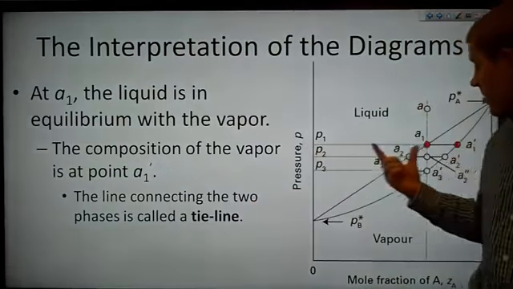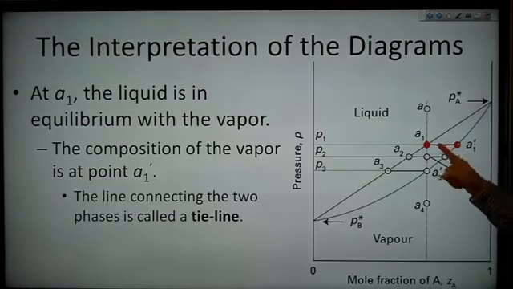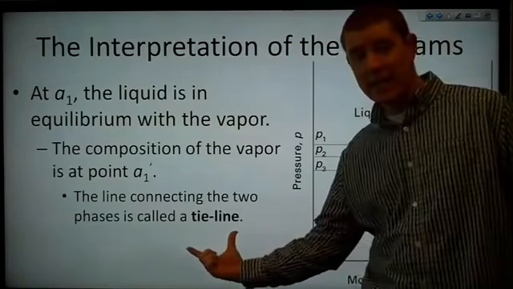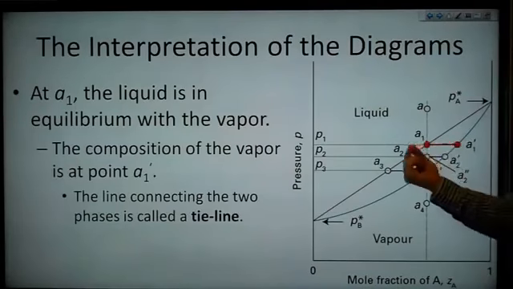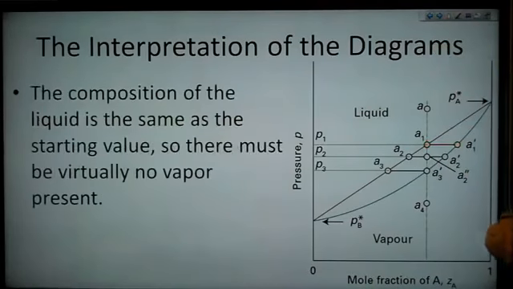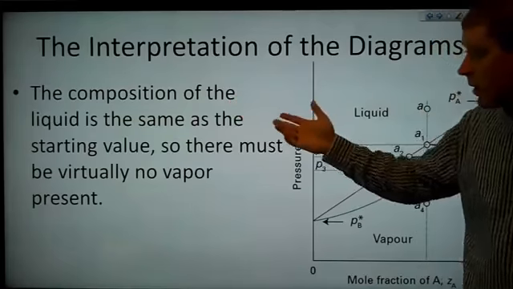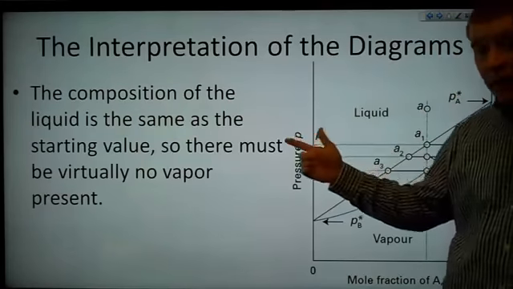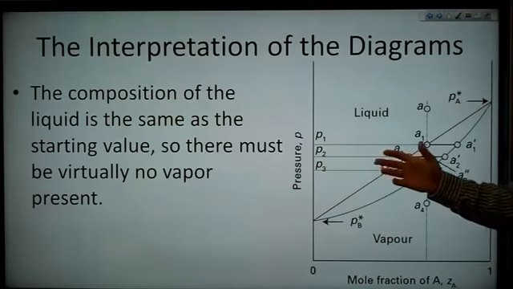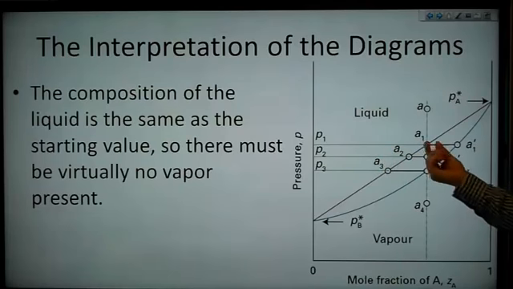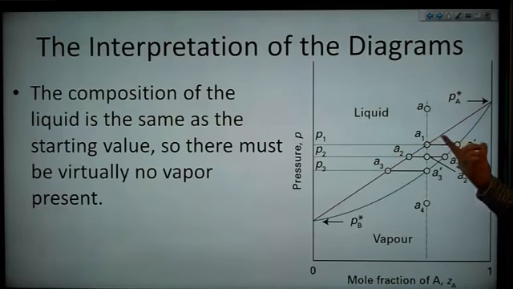All right, so this solid black line connecting the two, that's what we call a tie line, connecting our two phases together. So the composition of the liquid is the same as the starting value. That didn't change. So that must mean that there's virtually no vapor present.